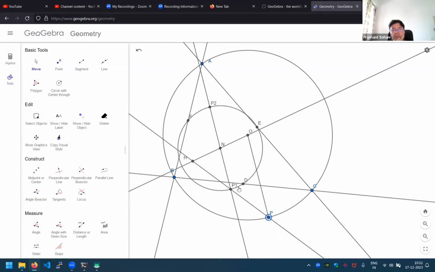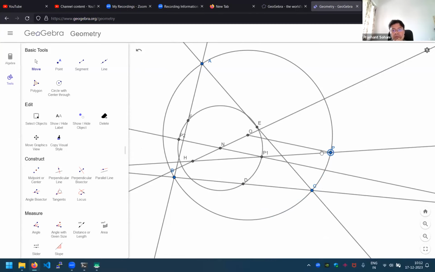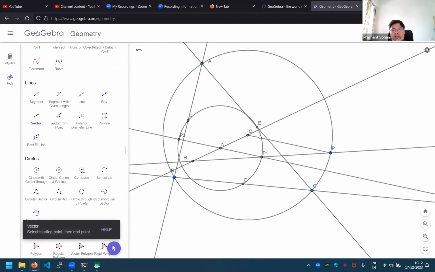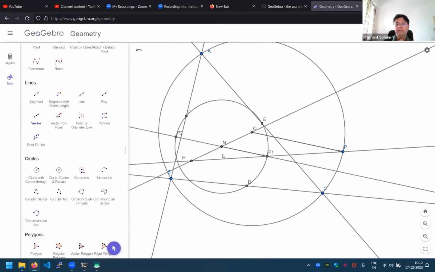Is this the positive ratio or the negative ratio? This is the positive ratio because the vectors OP and NP1 are both similarly oriented. Therefore, H is the positive center of homothety, where the ratio is positive. But similarly, I'm going to get a negative center of homothety if, instead of taking P1, I take P2 and join P and P2.